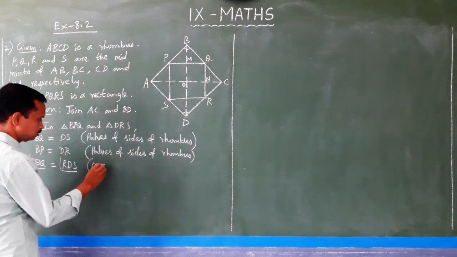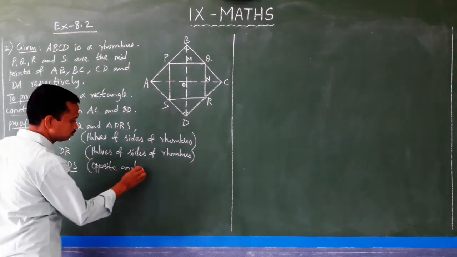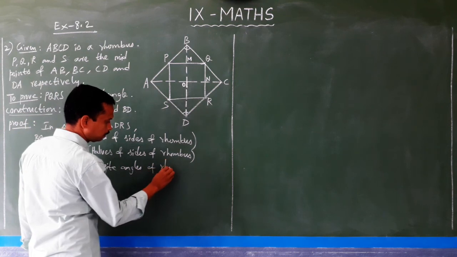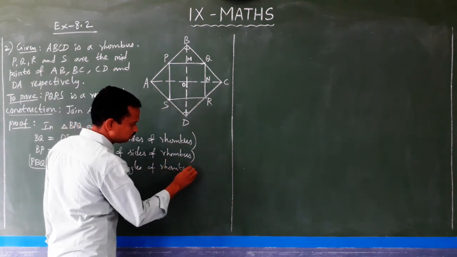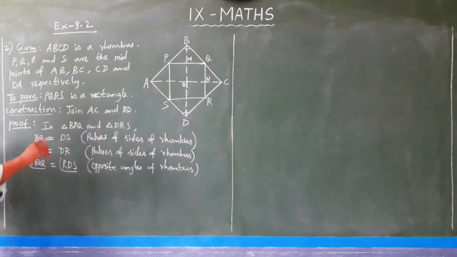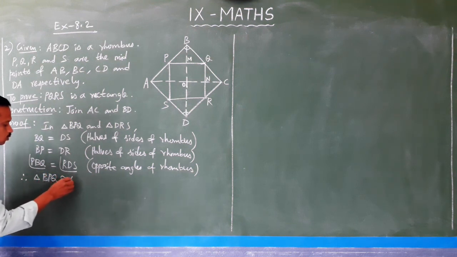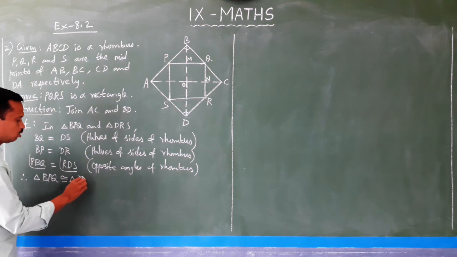Opposite angles of a rhombus are equal. So here two pairs of corresponding sides and one pair of angles are equal. So this is nothing but side angle side. Therefore, triangle BPQ is congruent to triangle DRS.